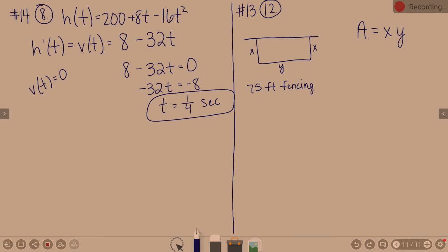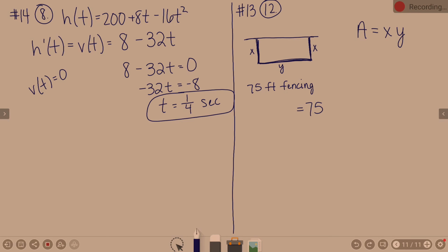So this is where, what other information did they provide? 75 feet of fencing. That is a perimeter. And it's a perimeter of what, though? Is it a perimeter of all four sides? It's just a perimeter of the three sides that need a fence.